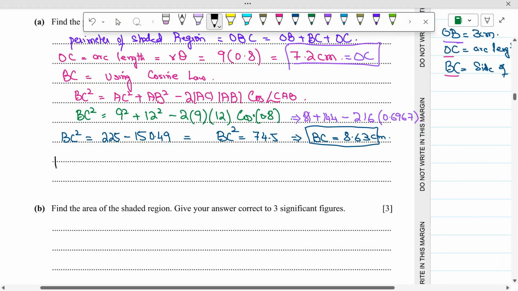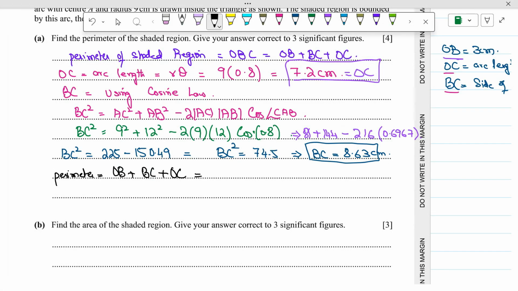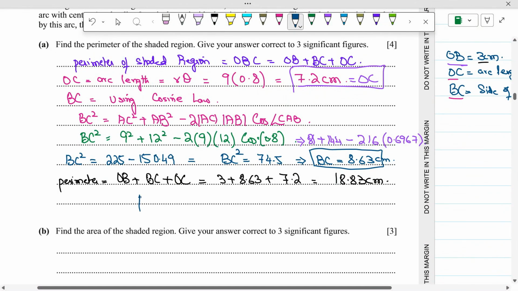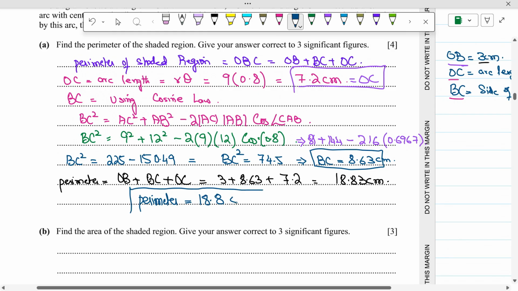Perimeter is OB plus BC plus OC, and OB is 3 centimeters, BC is 8.63 centimeters, and OC is 7.2 centimeters, and this is equal to 18.83 centimeters. So the perimeter in three significant figures is 18.8, because we need to find the perimeter in three significant figures.